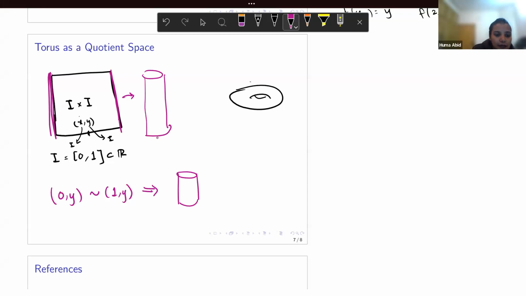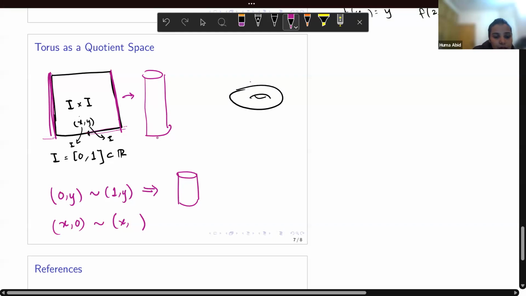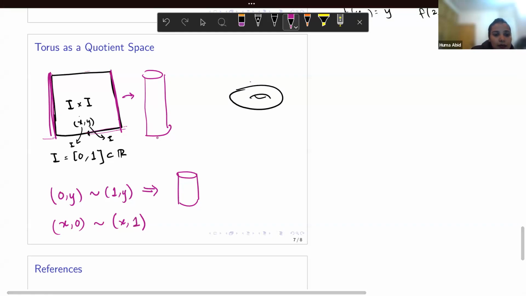And then you say x comma 0 is the same as x comma 1. Sorry, that was my mistake. x comma 0 is all of the points with y coordinate 0, and x comma 1 is all of the points with y coordinate 1.